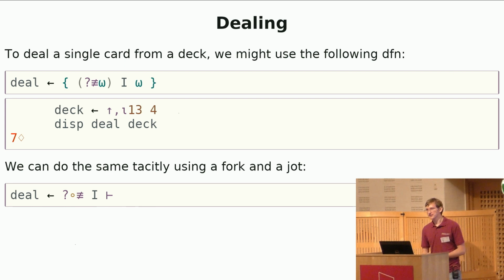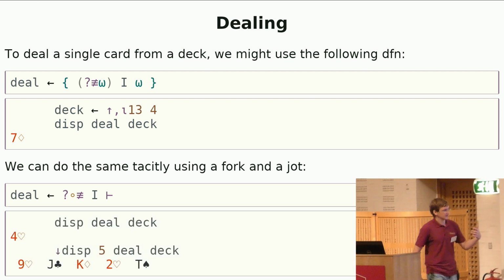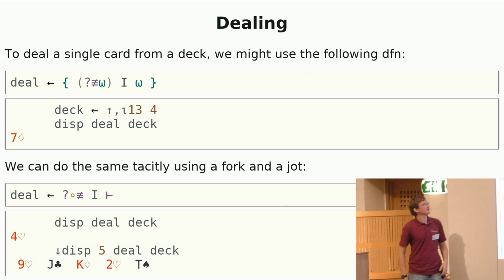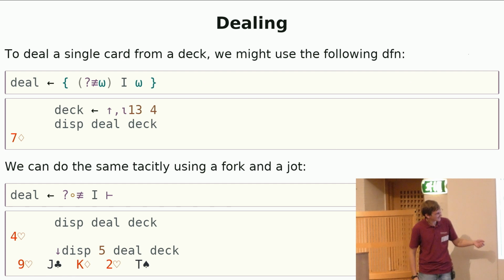And second, I replace this argument on the right with just an identity function. So I replace the argument with a function that returns the argument. And the interesting thing about this function is that, of course, it has the same functionality as our explicit function. It doesn't return the same card, but not necessarily.